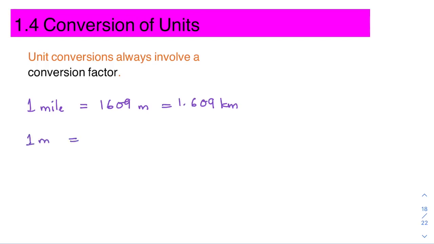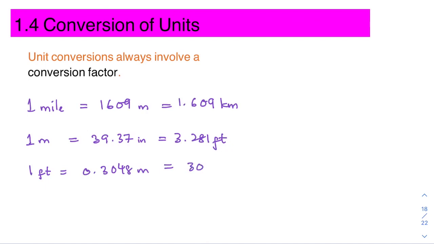This is commonly used. 1 meter is equivalent to 39.37 inch, equivalent to 3.281 feet. Or if it is in feet, we can have 1 feet equivalent to 0.3048 meter, equivalent to 30.48 centimeter.